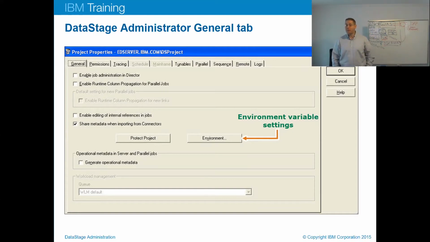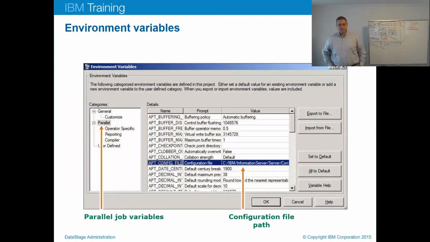As an actual admin, there's a lot you can do. And it starts primarily with the environment variables. So the first thing you'd usually want to do is click that button they're highlighting here, environment, and it pulls up a list of variables. The first one they've highlighted is what I mentioned earlier: if we said by default our jobs run on 6 nodes, but we're building a project that's going to need much more processing because they're much bigger record sets, then we could change the default right here.